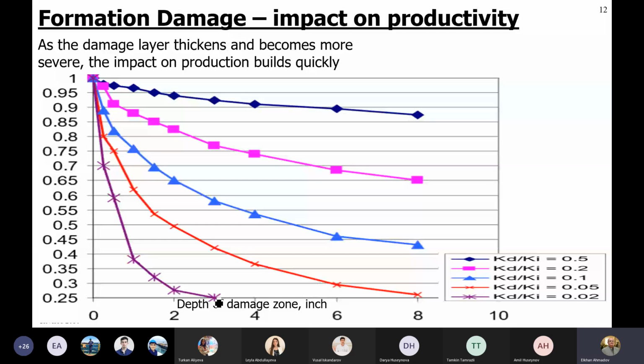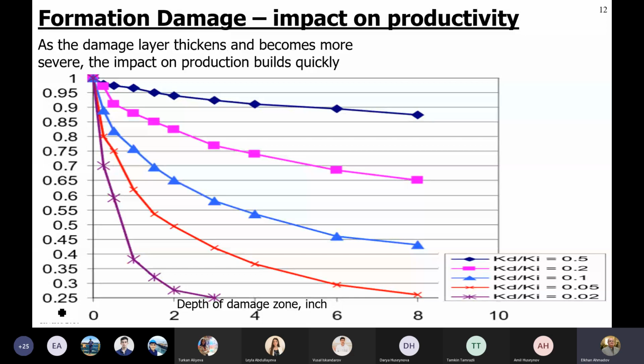That means in the ideal case we produce, let's say, 1,000 barrels, but in this case we will only be able to produce 250 barrels. That is quite a damage and quite a reduction in productivity.